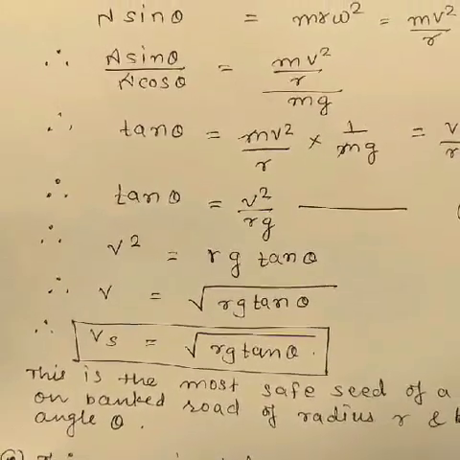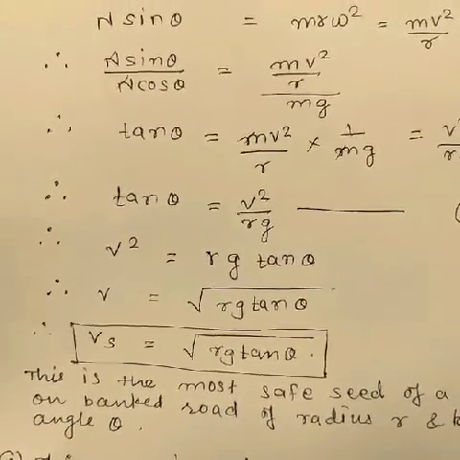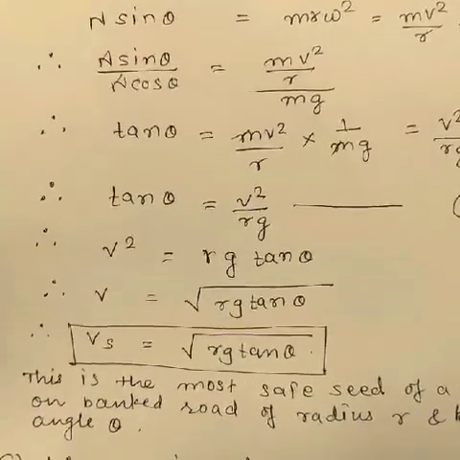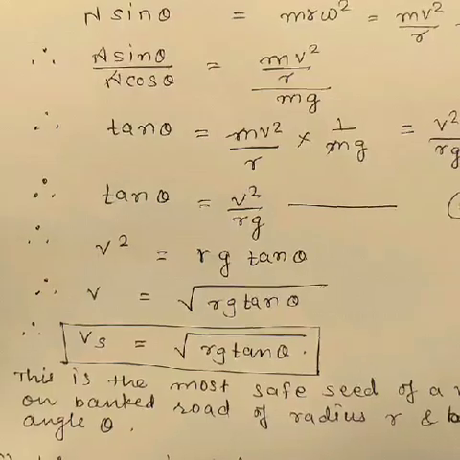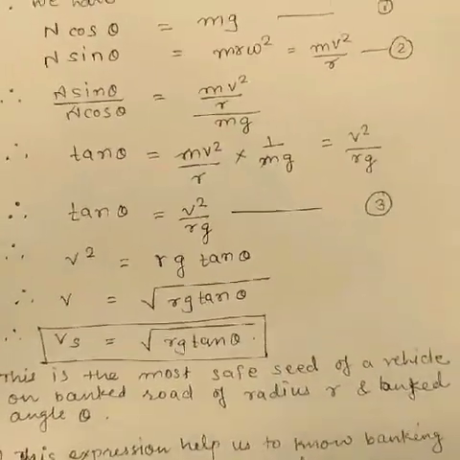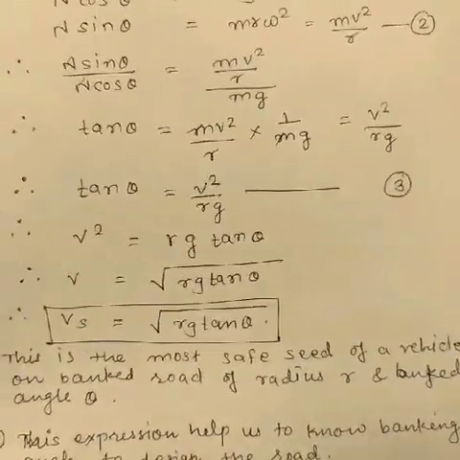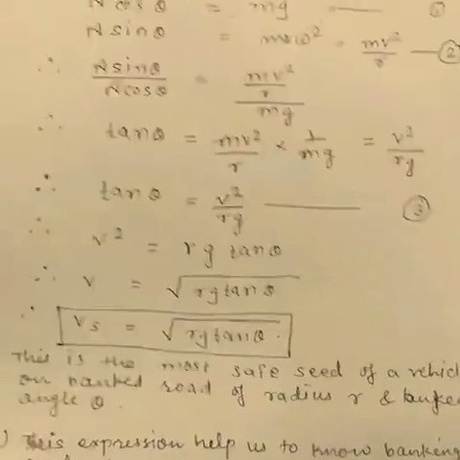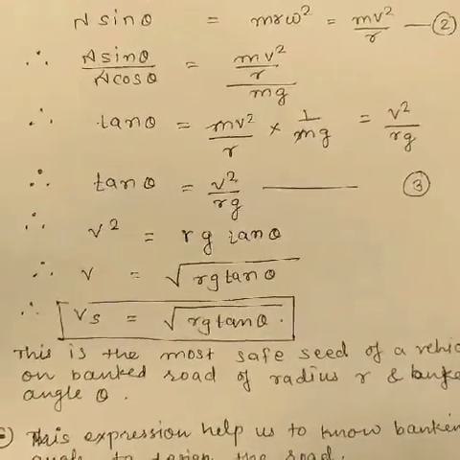Let's call this speed Vs. So Vs is equal to under root r g tan theta. This is the most safe speed of the vehicle on the banked road of radius r and banking angle theta. R and theta may vary.